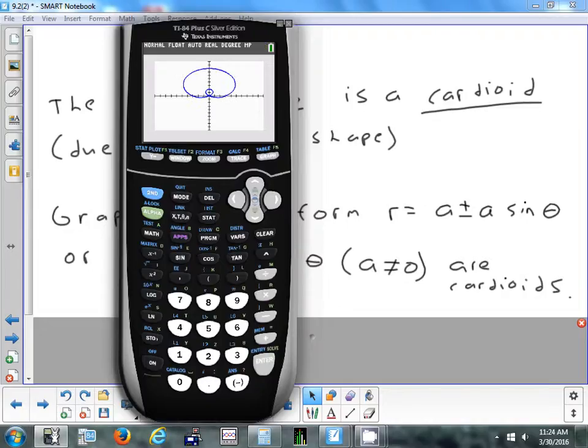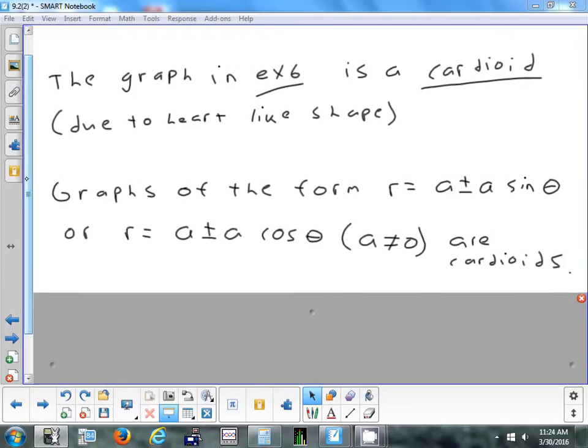That's not a cardioid, but the shape starts to loop back on itself. The further apart these numbers get, the more you'll see it looping on itself. But for a cardioid, you have to keep those numbers the same.